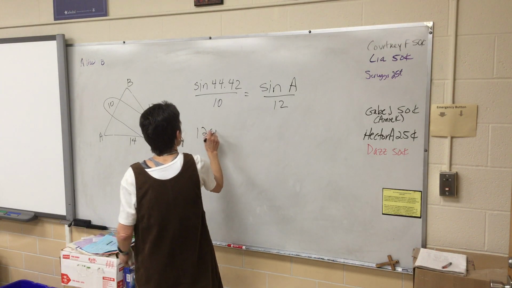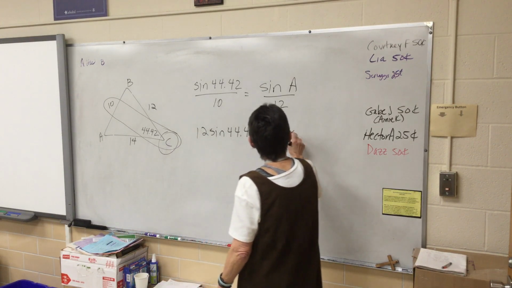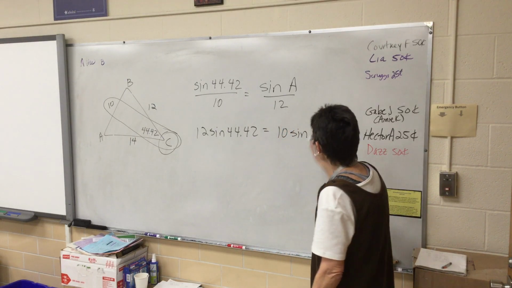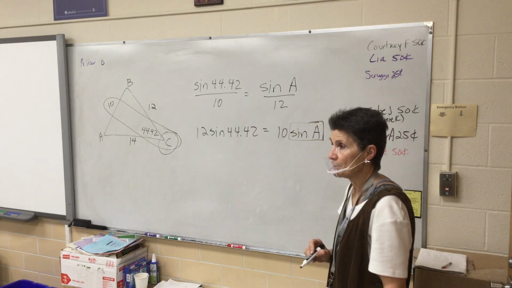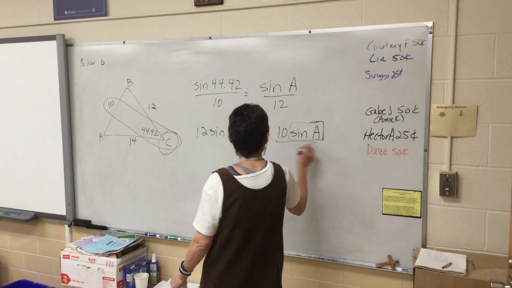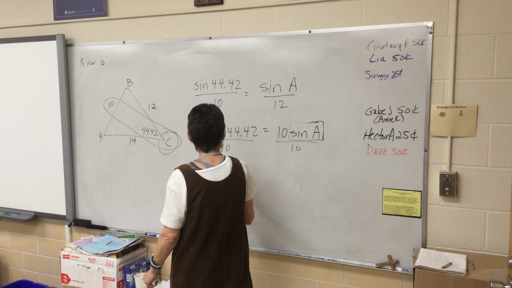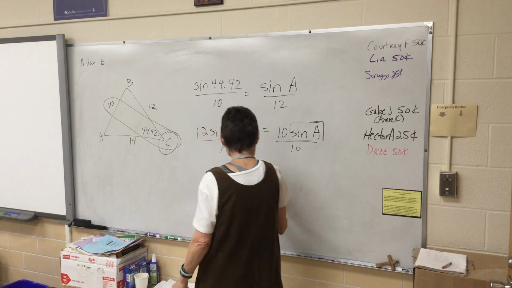So 12 sine 44.42 equals 10 sine A. Now be careful. This is your variable. So what are you going to divide by? 10. So we have 12 sine 44.42 divided by 10 equal to sine A.